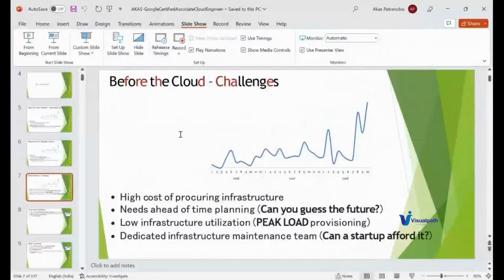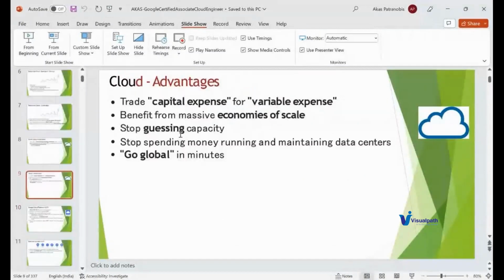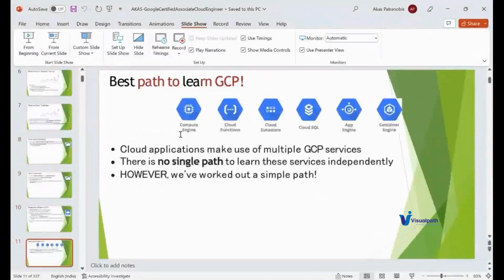What used to happen before cloud and what cloud has solved. Then the cloud advantages. Then a few predominant services that are used by GCP across the world, and we will also extensively talk about these major services going ahead.